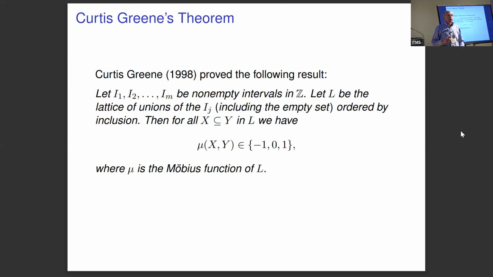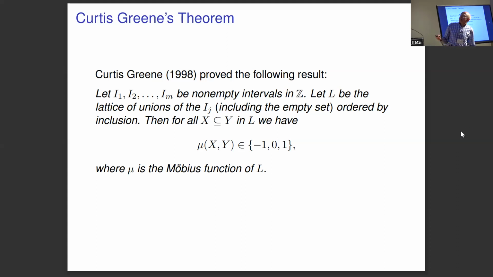Take a set of intervals and take the lattice of all unions of any of these intervals ordered by inclusion, including the empty set. So this is going to be a lattice, and Curtis-Greene proved that all of the Möbius functions of this lattice are -1, 0, or 1.